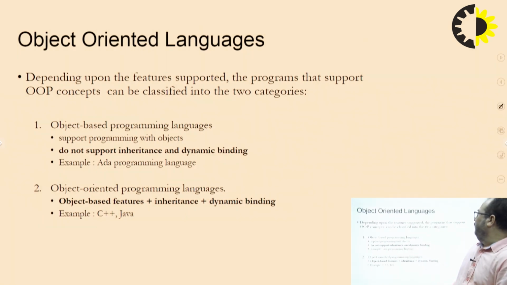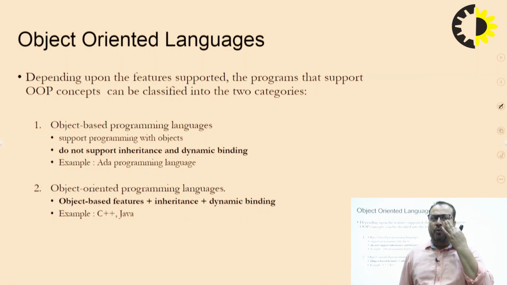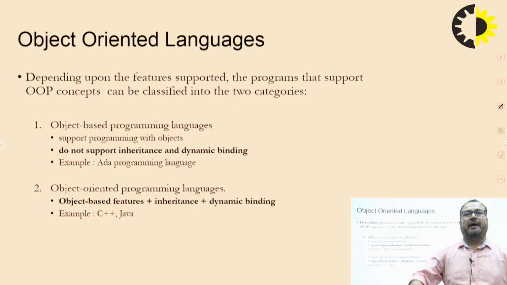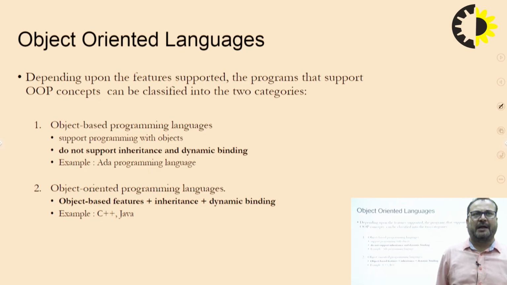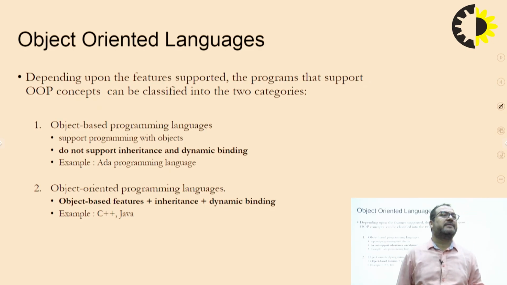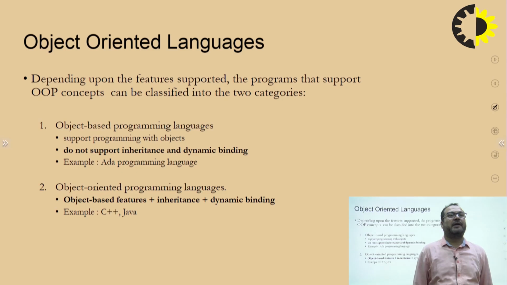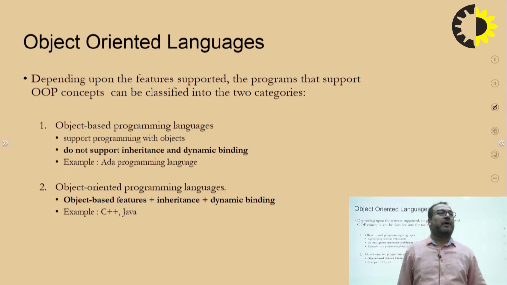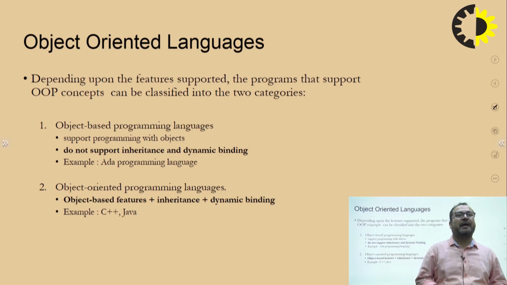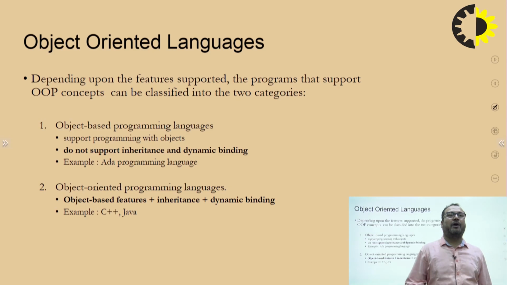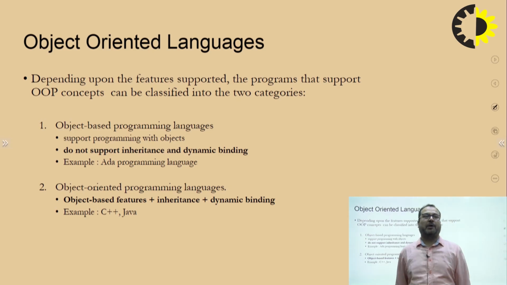We have two kinds of languages associated with object orientation: object-based programming languages and object-oriented programming languages. Object-based programming languages support programming with objects, meaning you can create as many objects as required of some particular class.